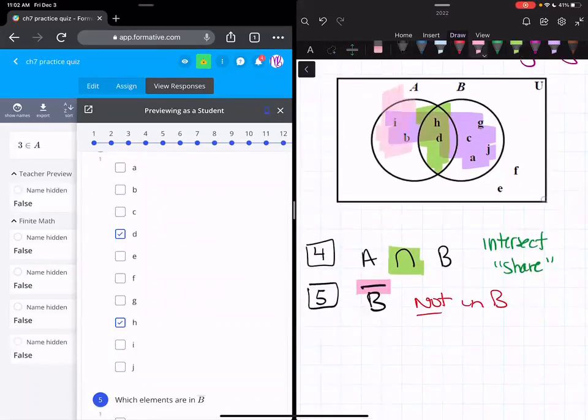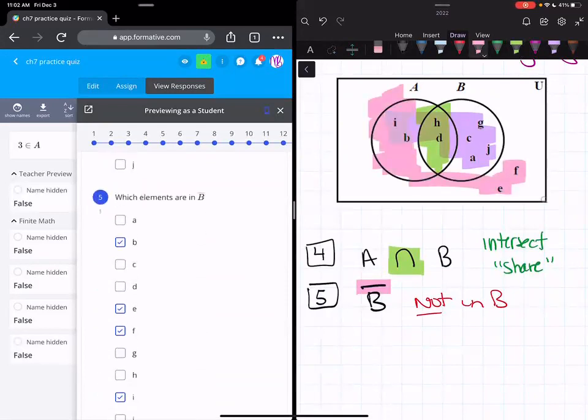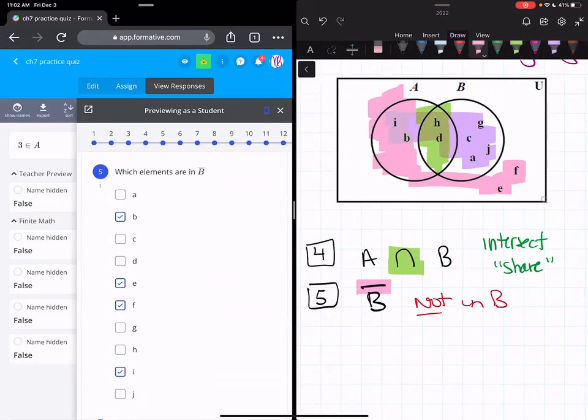So this stuff's not in B, and that's not in B. So you need B and I and E and F. Will, what's up?